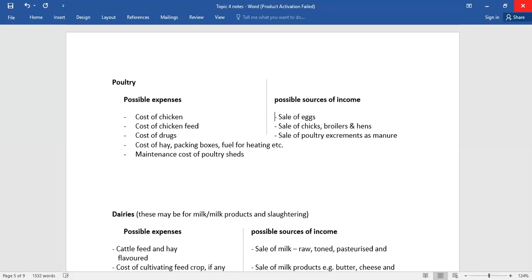On the other side, on the credit side, we have the sales of eggs, sales of chicks. If you are doing brooding, the sale of chicks will be your sales, broiler, hens, etc. Or the sale of poultry excrement, the manure.